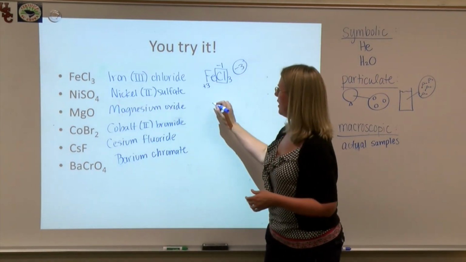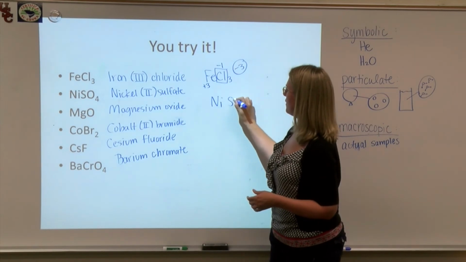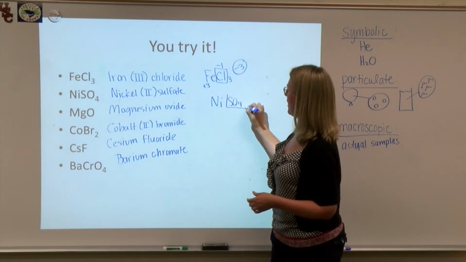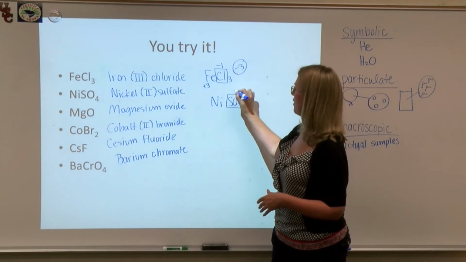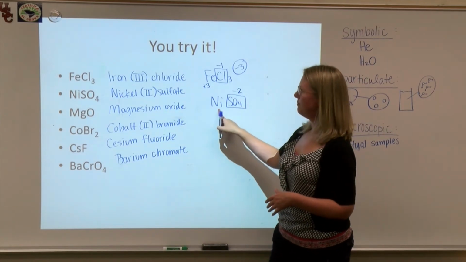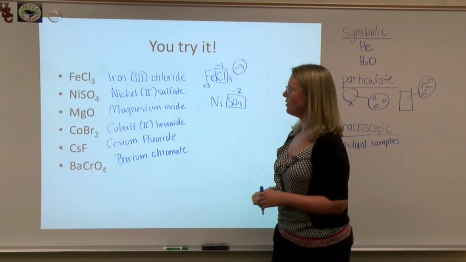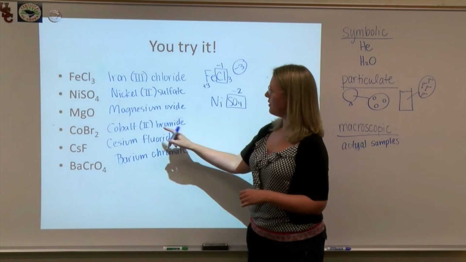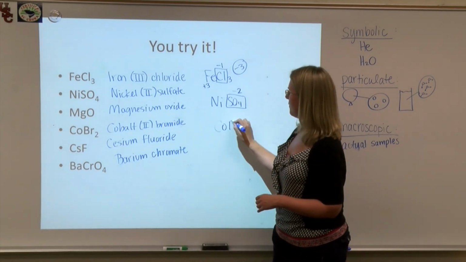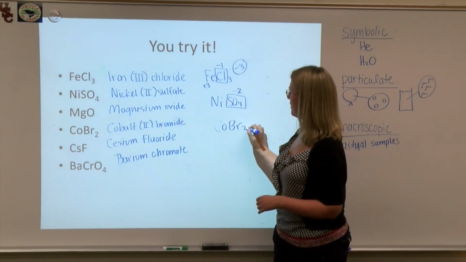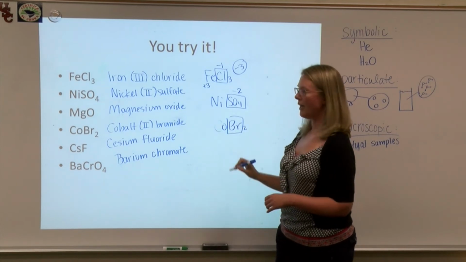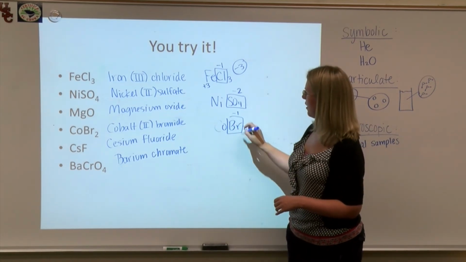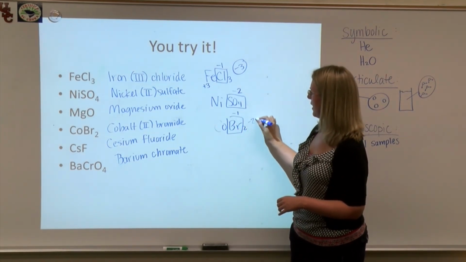The nickel sulfate, this is our anion. Sulfate is charged as -2. So the nickel has to be +2 because there's 1 of each. With the CoBr2 there, our anion is Br, bromine or bromide. It's a -1 charge. There's 2 of them, so -2.